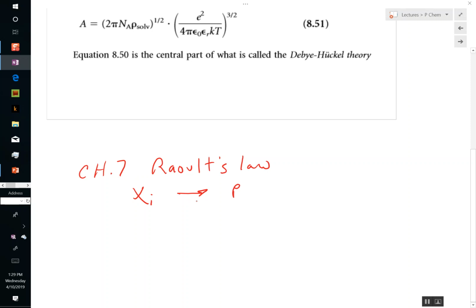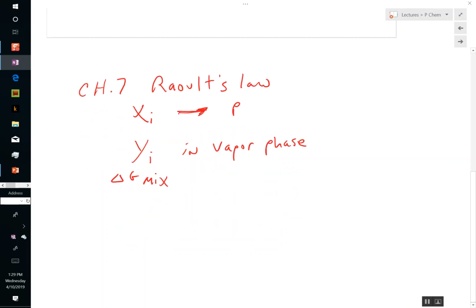And then we talked about what would be the resultant mole fraction in the vapor phase. So those kinds of considerations, we talked about a delta G of mixing. What is the free energy change as a result of mixing?